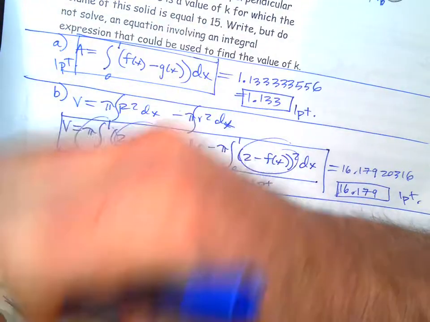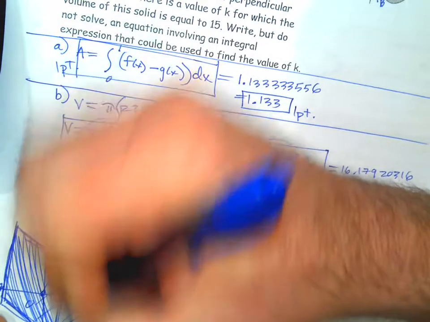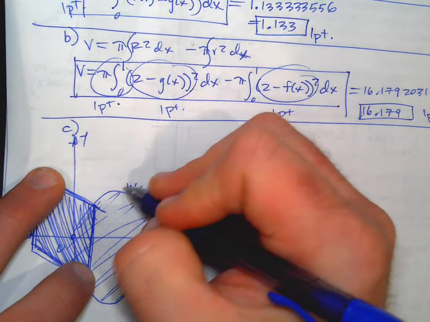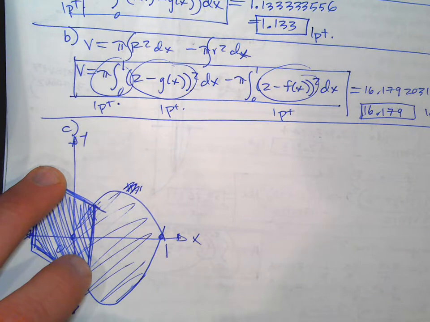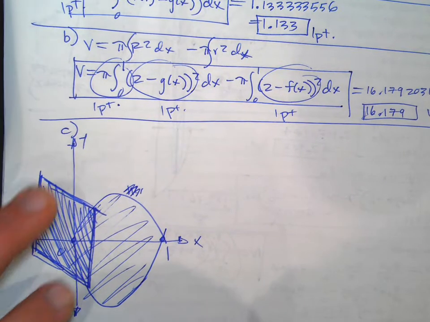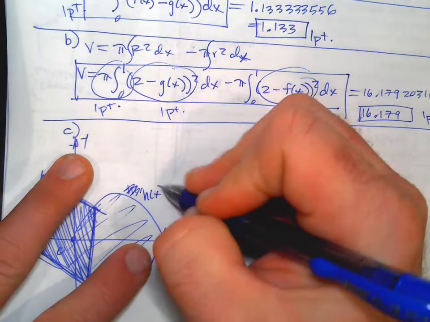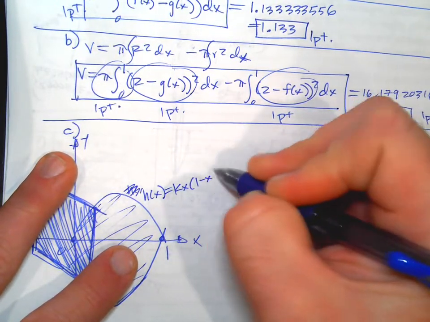I'm going to draw one cross section. It's a square. Actually, it says there's a new function, h of x. I don't really know what it looks like, but it's kx times 1 minus x.